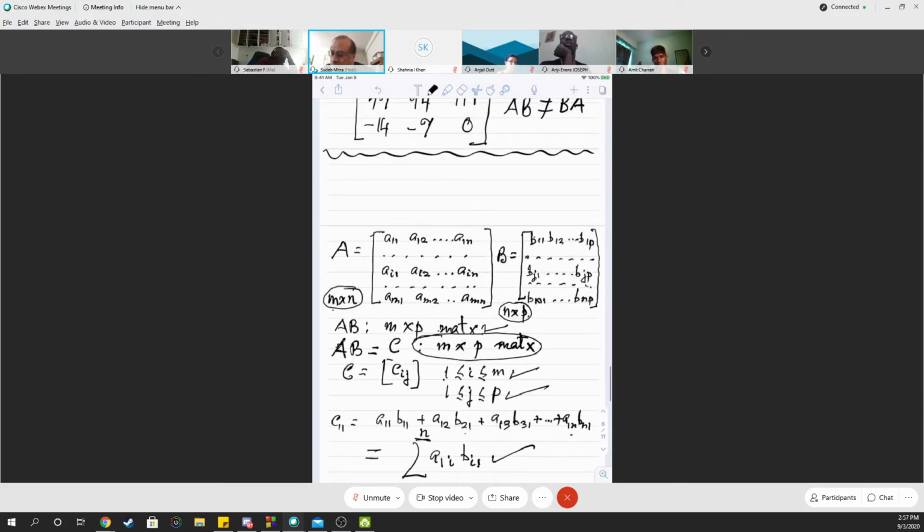Okay, let's write C21 here. Second row, first column. A21 B11 plus A22 B12 plus dot A2N BN1. So that is sigma.